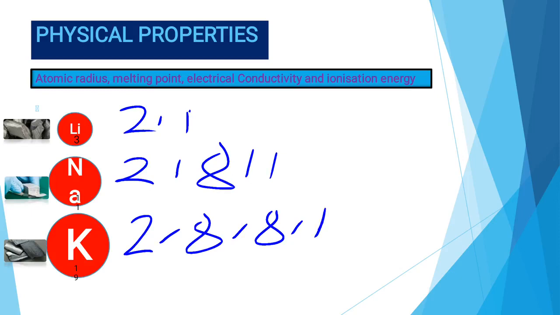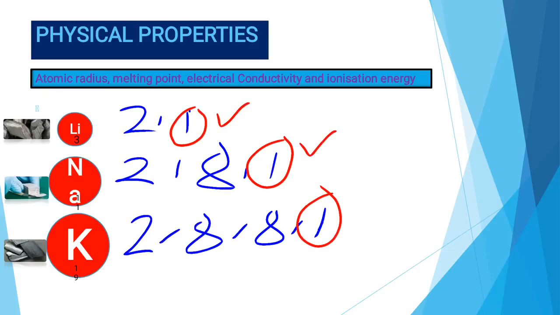Remember that the electrical conductivity is always dependent on the number of electrons that are available for electrical conductivity. In this case, any given atom uses the electrons in the outermost energy level to conduct electric current. Among our 3 members here, all of these members have a single electron in their outermost energy level.